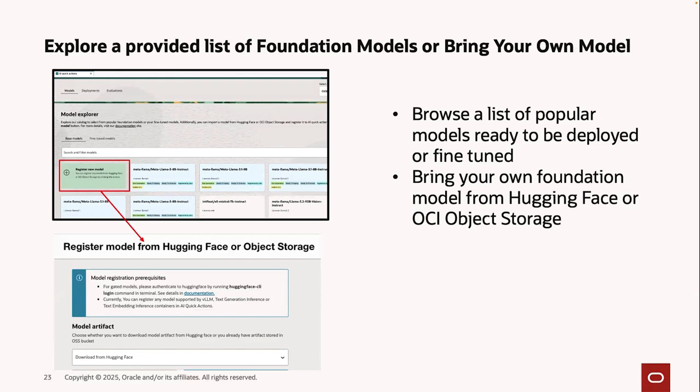If you have a model that you want to use but you don't see it in the Model Explorer, you can bring your own model from either Hugging Face or OCI Object Storage. Hugging Face is probably the most popular online machine learning model repository.